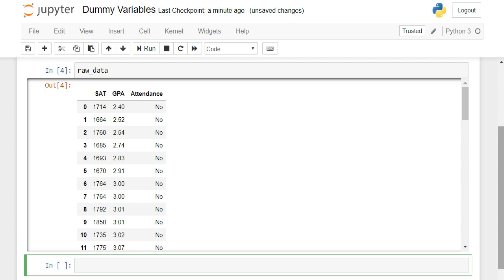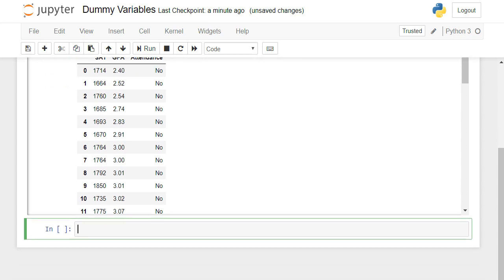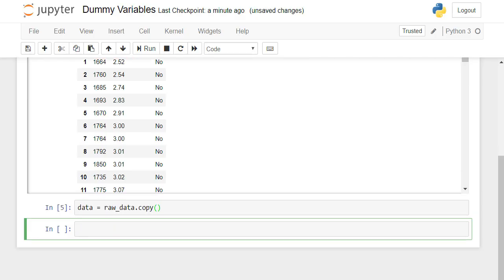I'll create a new variable data equal to raw data. Then, I will overwrite the series attendance in the data frame. So, data, square brackets, attendance equals data, square brackets, attendance, dot, map. Then we must specify the entries to be mapped in their new values.